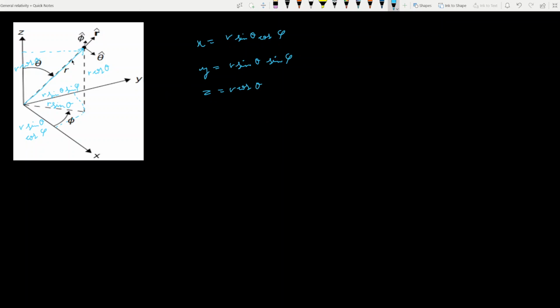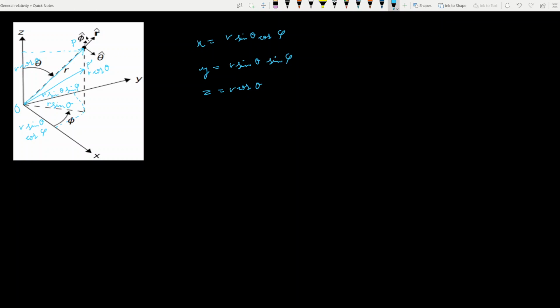Now let's change this vector. Let's make a change in theta, and say after making that change we have a different vector. Now let's call this center O. Let's call the original endpoint of the vector P, and now let's call this P primed.